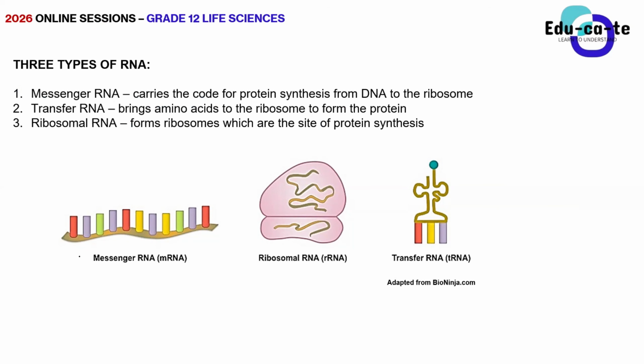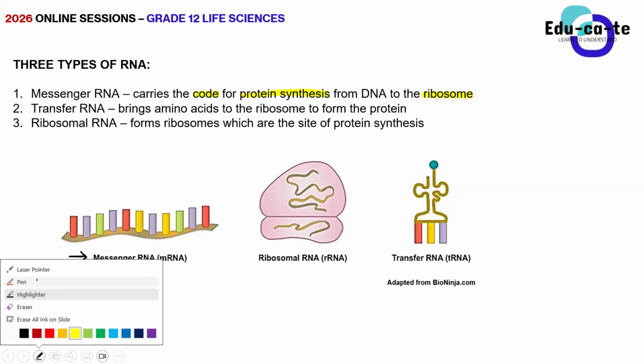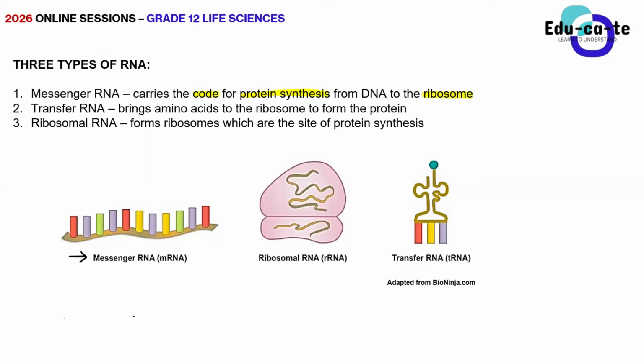The first type that we have here is messenger RNA, which is mRNA. It has a duty: it carries the code for protein synthesis from the DNA to the ribosome. That is the function of messenger RNA. When they draw it using a stick diagram, they're just going to give you a stick, and then you will see nitrogenous bases on top of it.